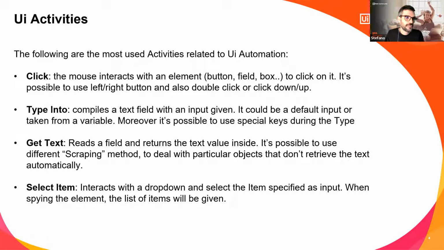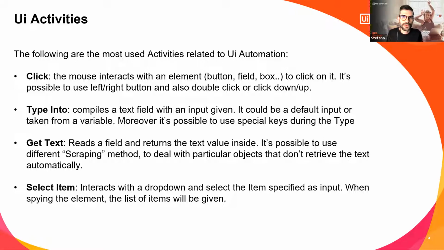Most of the time you will use the activities that I presented here as an example, but there are many more of them. For example, the click activity is when the mouse interacts with an element that can be different types of elements. That can be a simple button, but you can also click on a field, on an image, let's say, or a box, and so on.